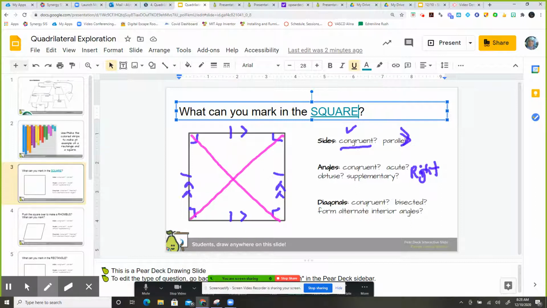If we put those diagonals in, are they exactly the same? Yeah, they sure are. They're not only the same, they've been bisected. So all of those pieces are exactly the same, and there's a right angle. So the diagonals are congruent, they're bisected, and they're perpendicular.